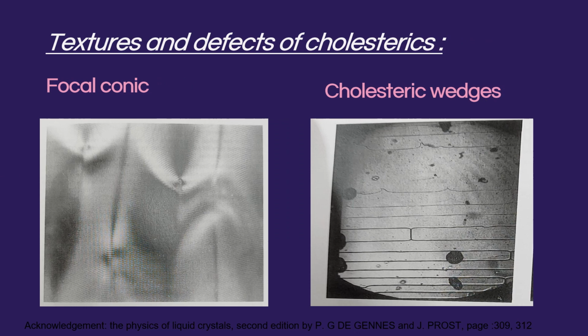Moving on to the next concept, which is textures and defects of cholesterics. There are various types, out of which one is the focal conic, which is observed here, and cholesteric wedges. These are TEM images, transmission electron microscope images, of the following.